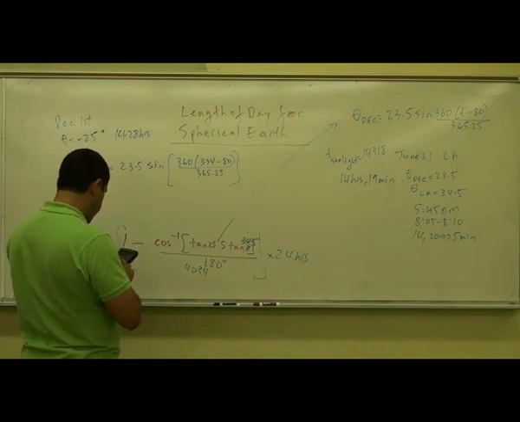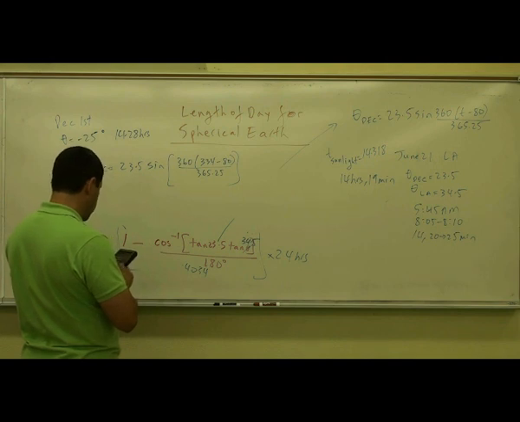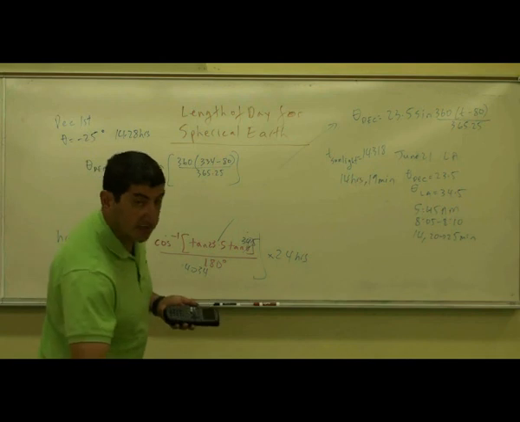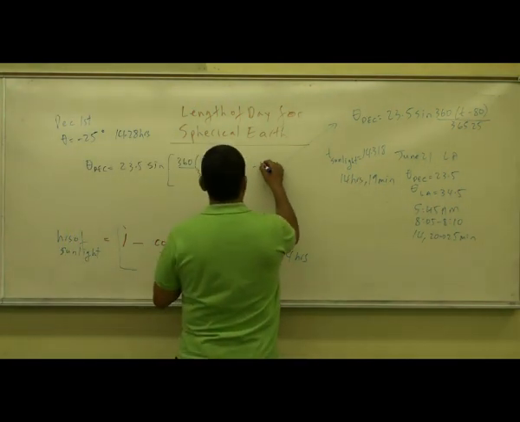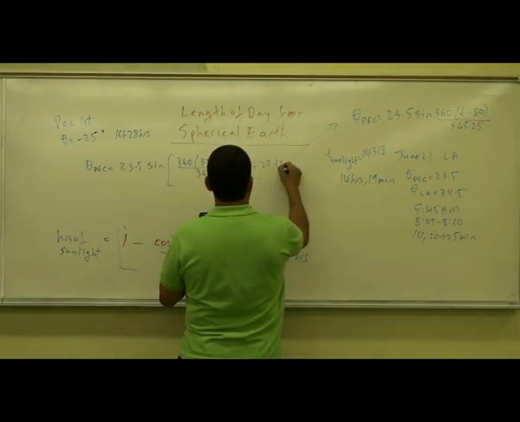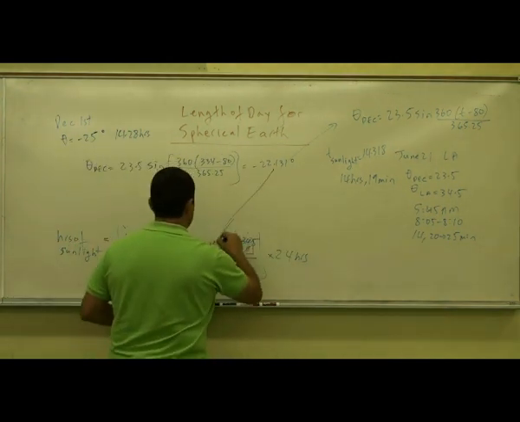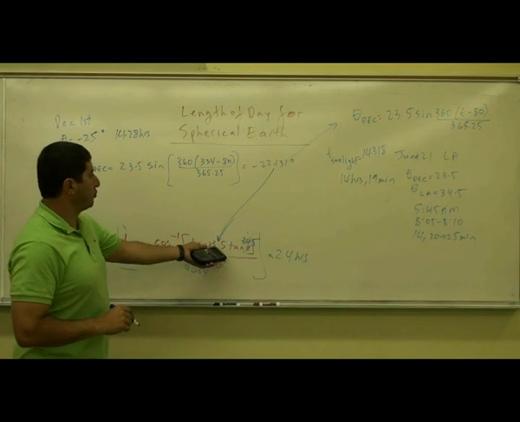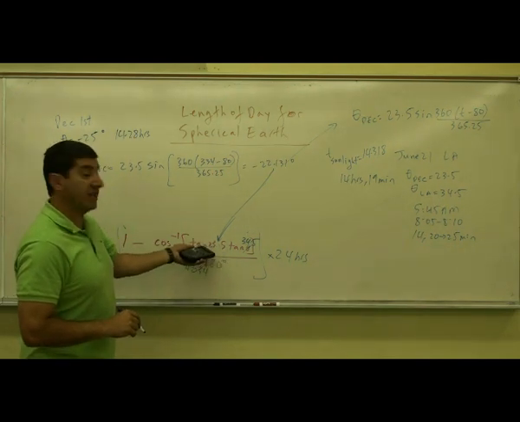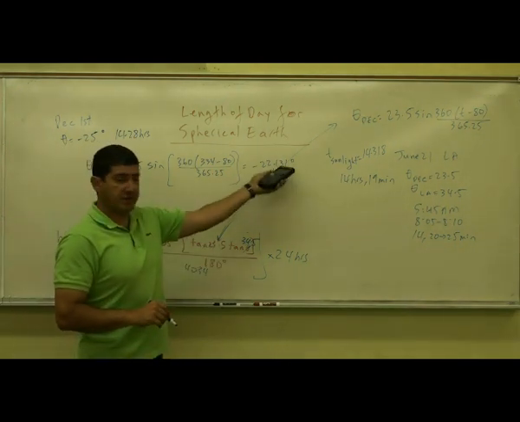You're going to take sine of that angle times 23.5. So the declination angle of the sun is -22.131 degrees. Then you put that here. So instead of taking tangent of 23.5, you're taking tangent of this angle.